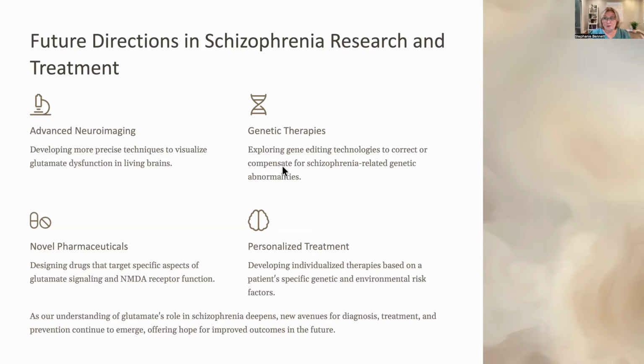And then, of course, developing new pharmaceuticals which target some of the specific aspects of glutamate signaling and NMDA receptor function. So, as we understand more and more, I think you're going to see some new therapies on the horizon for psychosis and schizophrenia.